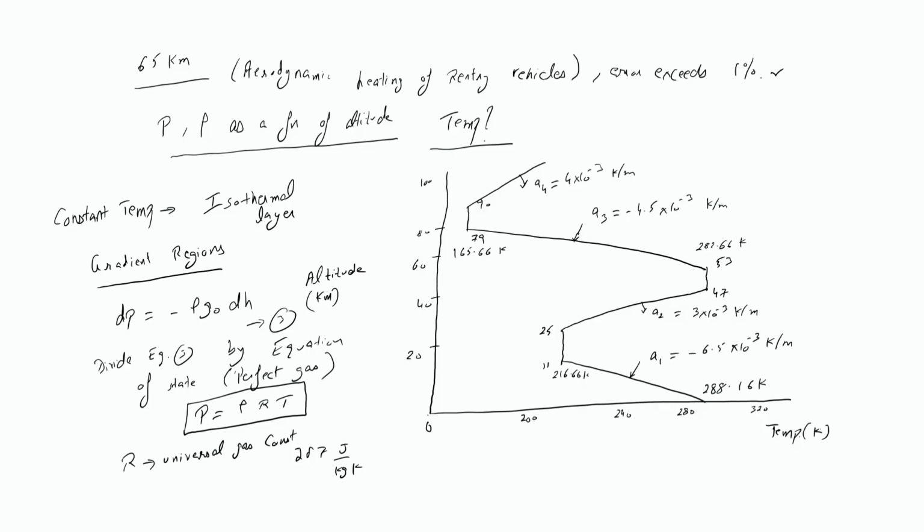So when you divide equation 3 by this equation, we get dP by P equals minus g naught by RT into dH. Let me take this as equation number 5.